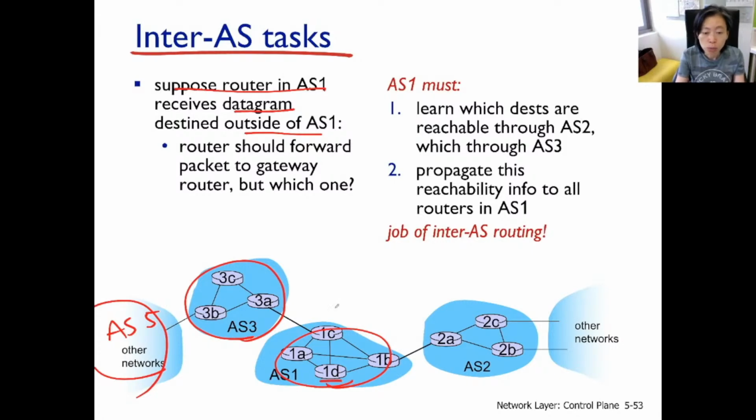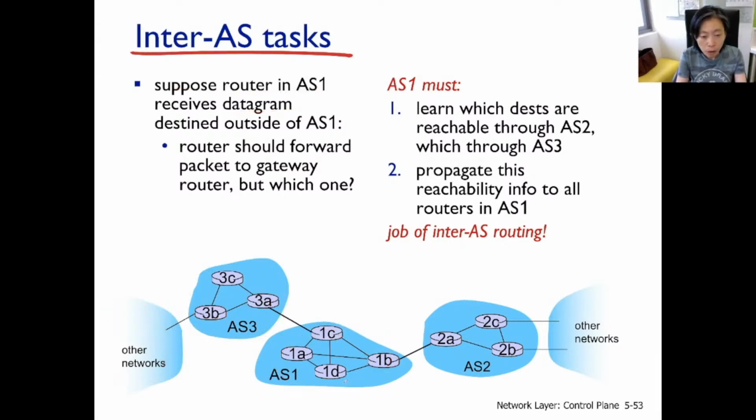And this information will be available at the gateway routers 1C, 1B, 3A, 3B. But 1D is an internal router, so it will actually have trouble judging, among the two gateway routers 1C and 1B, which one it should pass the packets to, so that these gateway routers will be able to pass them further to the neighboring router along the shortest path to the destination.